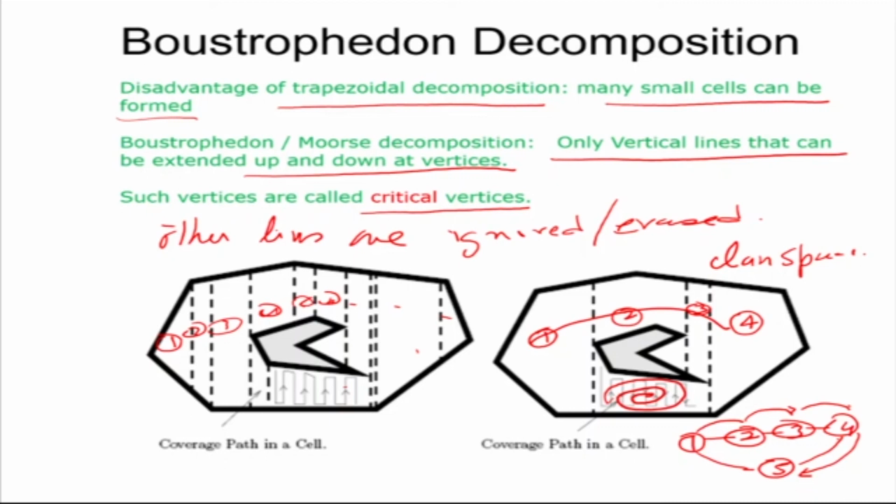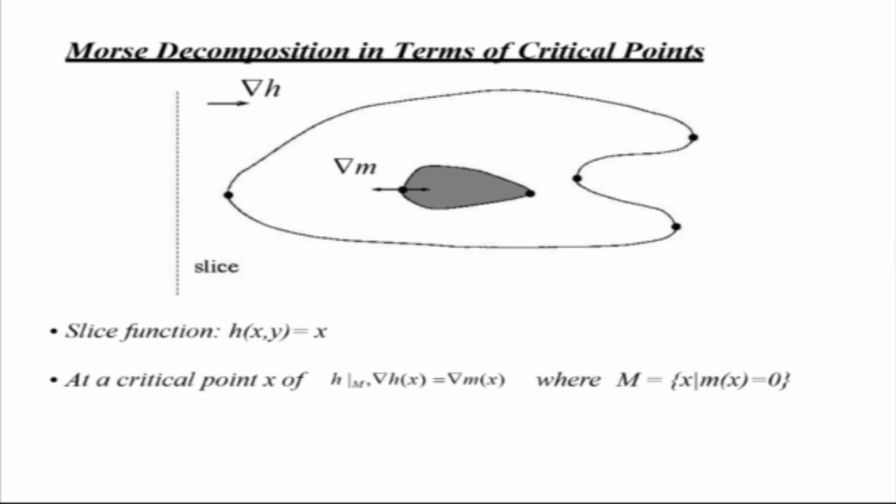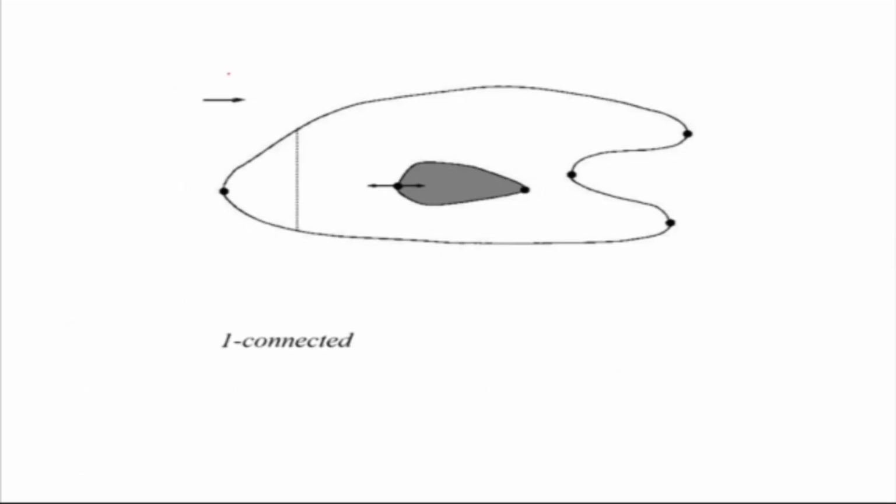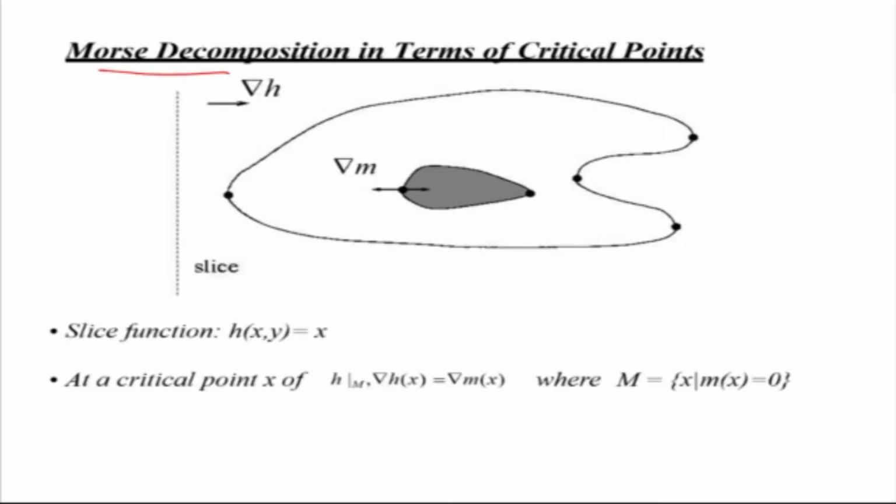For example, Morse decomposition is one way of dividing the cells. So you have this number of connected cells. What I do is look at the critical points, that is the points at which the line is going to hit or change direction, and then I divide it into a number of cells.